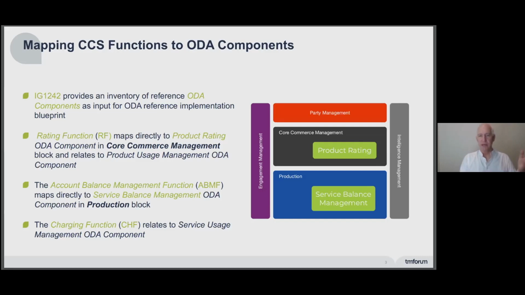So product rating is a rating function, and service balance management is an account balance management function. And you'll note that they are in two different blocks of the functional architecture. So product rating is a core commerce ODA component, and the service balance management, or ABMF, is in the production block.